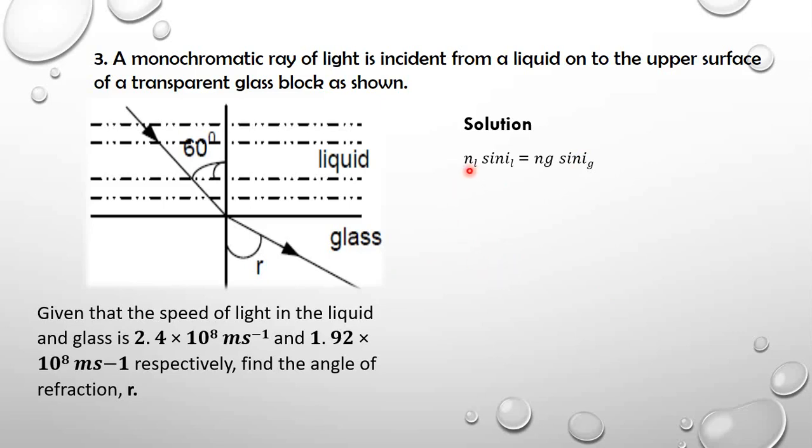So with this one, we shall replace n L with C over V L. And then here we shall put 60 for I L, and then we shall put here also C over V glass from the definition of refractive index. And then we shall also replace this one with sine R. So that's what you're going to have.